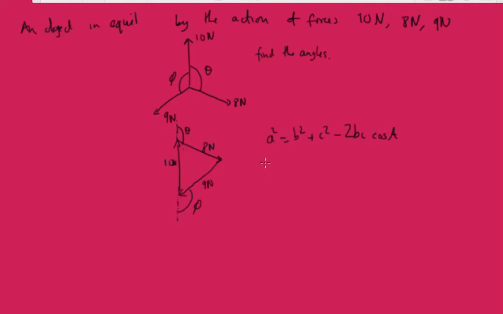Opposite here is going to be 9 squared is equal to 10 squared plus 8 squared minus 2 times 10 times 8 cosine. Now this angle in here is going to be 180 minus theta.